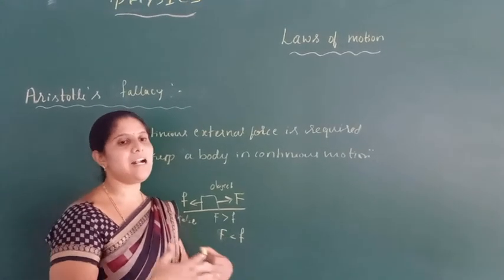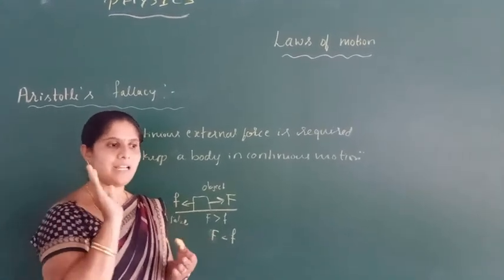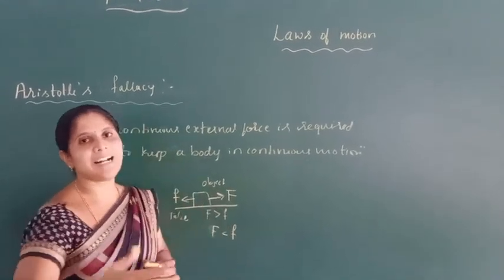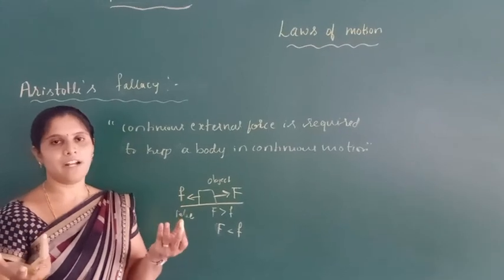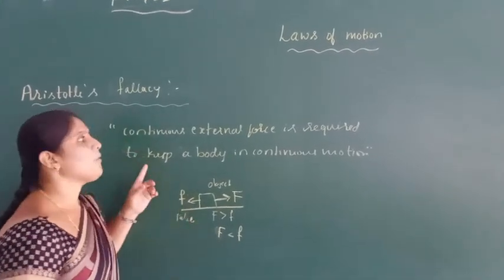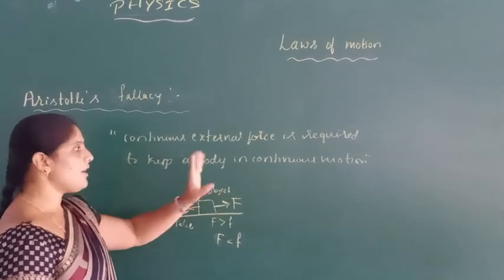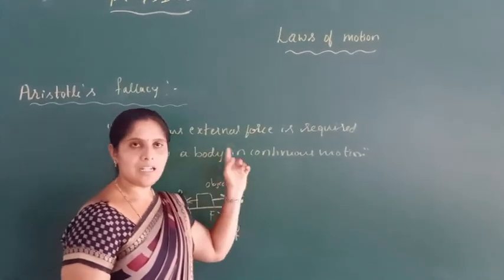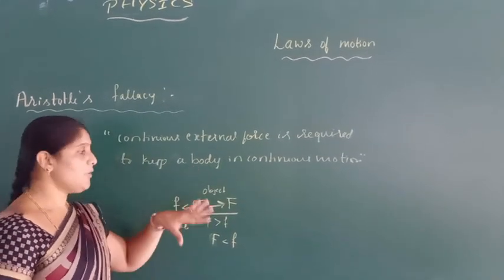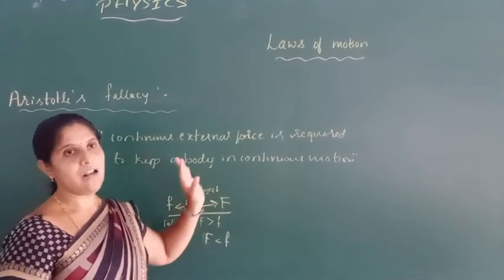Once we push the ball, it moves continuously. Therefore, according to Galileo, continuous external force is not required to keep a body in continuous motion. It is required only to overcome the frictional force.